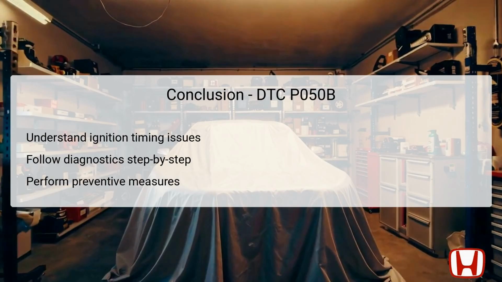Following the outlined troubleshooting steps meticulously is vital to isolating the root cause of the issue effectively. Should a replacement or significant repair be required, ensure component integrity and sensor performance to avoid recurrent failures. Finally, consistent preventive maintenance should be adhered to, safeguarding against future DTC occurrences and ensuring your Honda CRV performs efficiently throughout its lifespan.